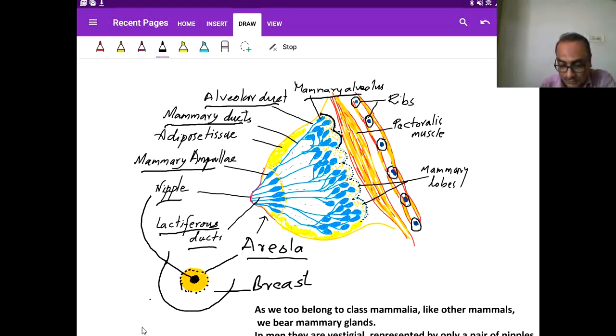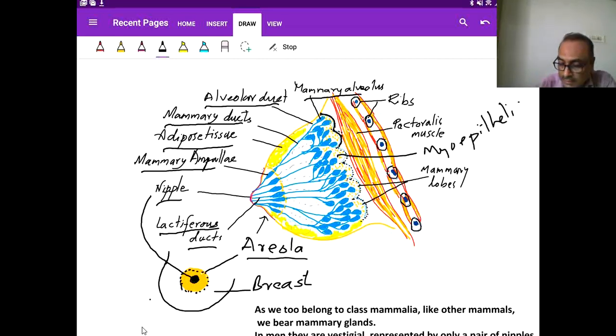So many lactiferous ducts come and open at the tip of the nipple, from where the milk is ejected out or released out. Now here we find that there is adipose tissue, fat deposited inside the breast. One more thing we have to know is that the mammary lobes contain these mammary alveoli, and around the alveoli there are myoepithelial cells also.